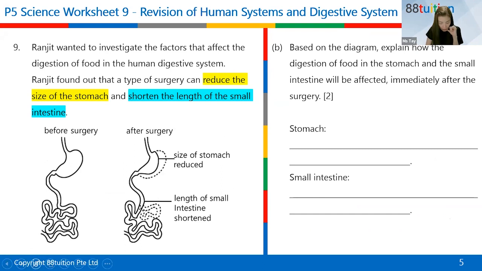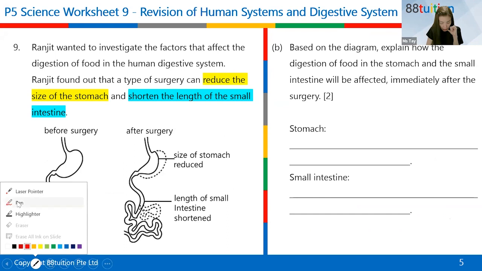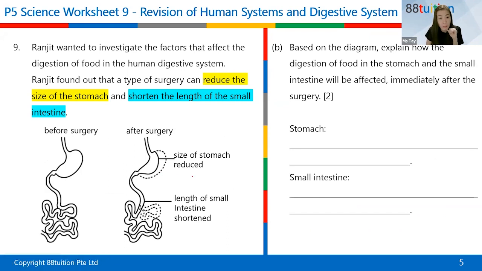Actually the stomach is now made really much smaller, being reduced. Can you see that? Then you see the length of the intestine also shortened. So based on the diagram, explain how digestion of food in the stomach and the small intestine will be affected after the surgery. So how will this actually affect digestion?